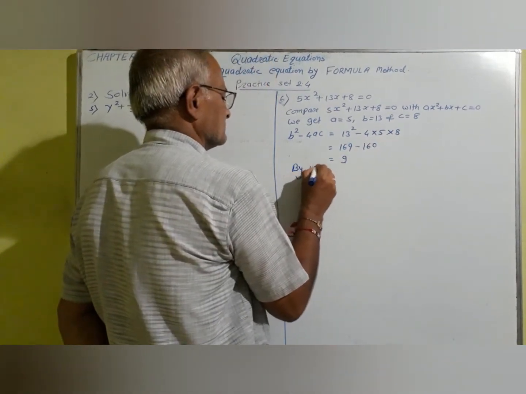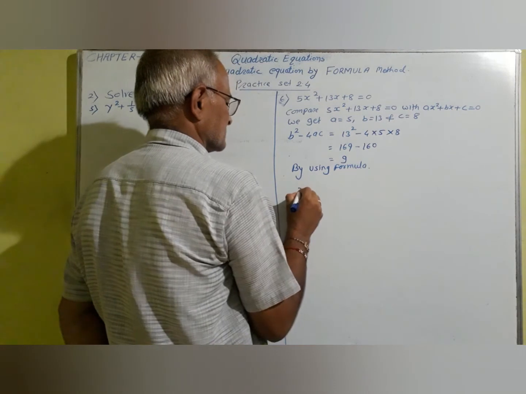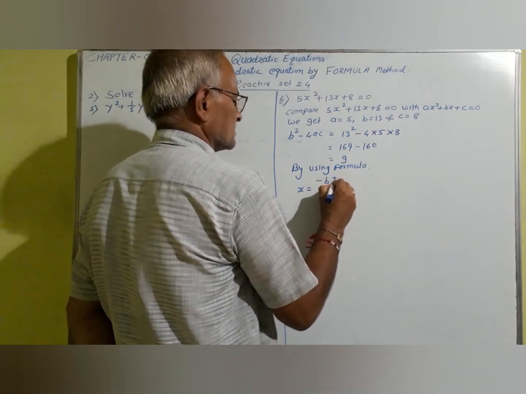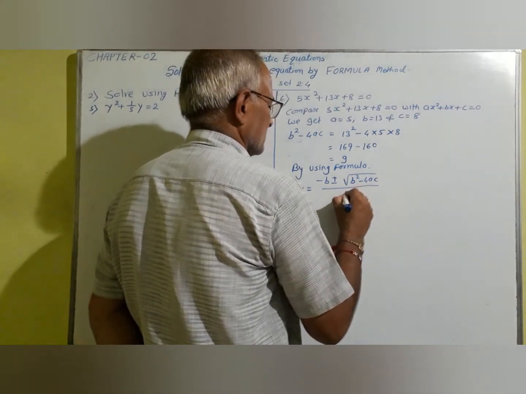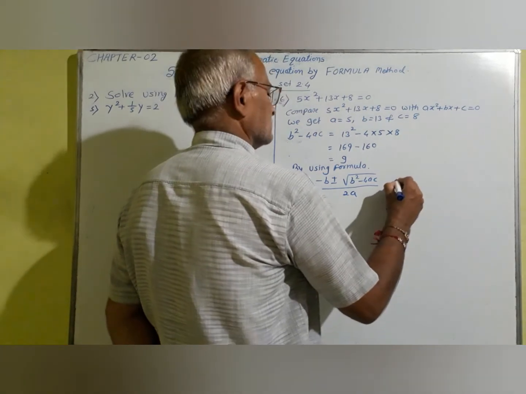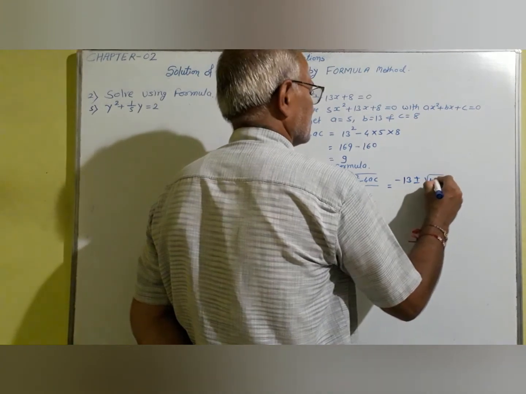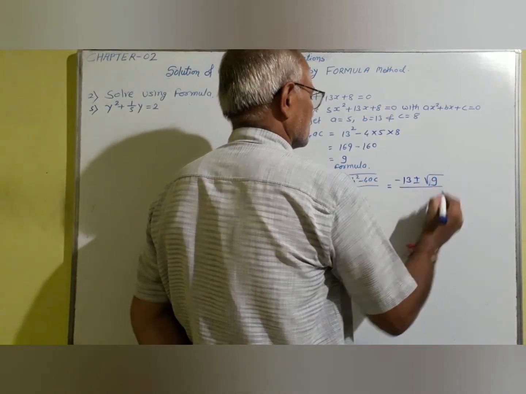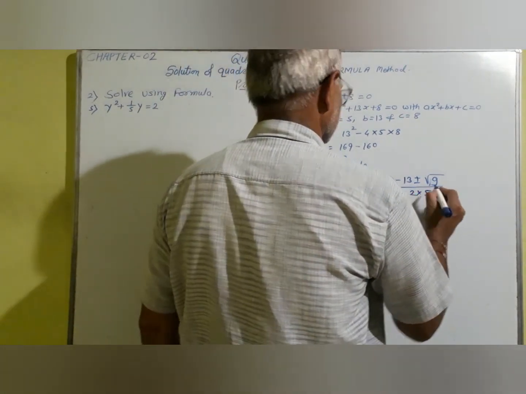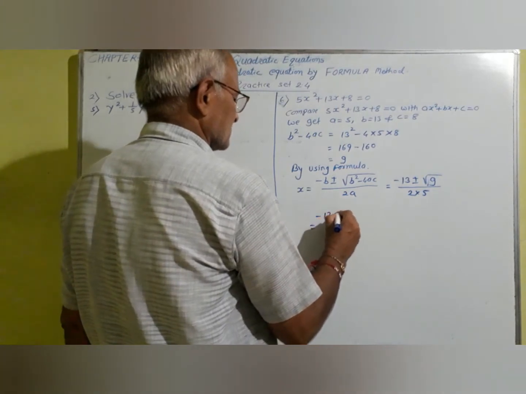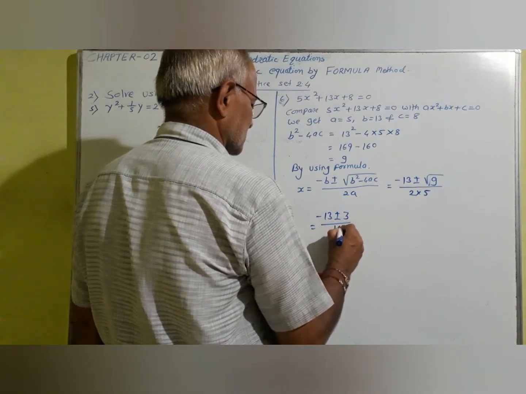By using the formula x is equal to minus b plus or minus square root of b square minus 4ac upon 2a, that is equal to minus b means 13 plus or minus square root of 9 upon 2 multiplied by a means 5, that is equal to minus 13 plus or minus square root of 9 means 3 upon 2 5s are 10.